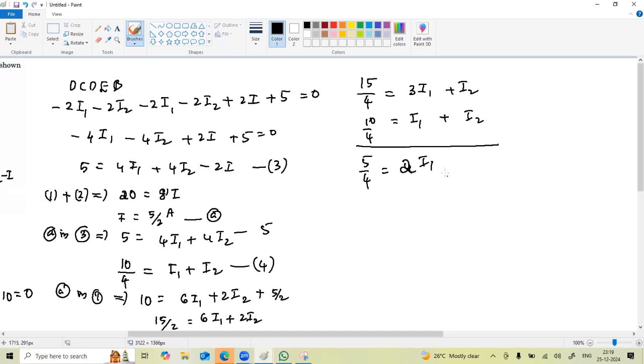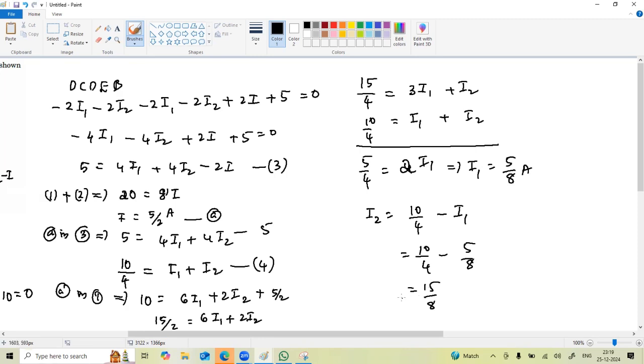So that means I1 is equal to 5 by 8. You can substitute in I1 plus I2 equals 10 by 4 to get I2. So I2 is equal to 10 by 4 minus I1, which is 5 by 8. So 20 by 8 minus 5 by 8, 15 by 8.